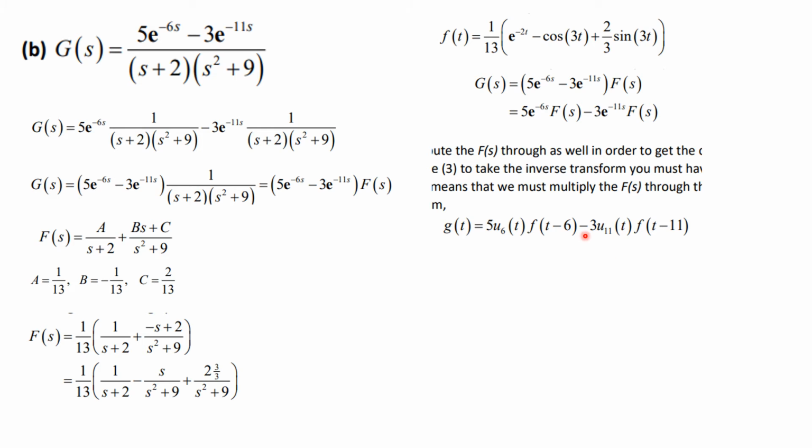That gets us to here, minus 3 times Heaviside step function u sub 11 of t, and this is going to be F at t minus 11. So that's going to be this one times 1 over 13 e to the minus 2 times t minus 11, minus cosine of 3 times t minus 11, plus 2/3 sine of 3 times t minus 11. So that's quite an answer to write out, but that is the inverse transform.